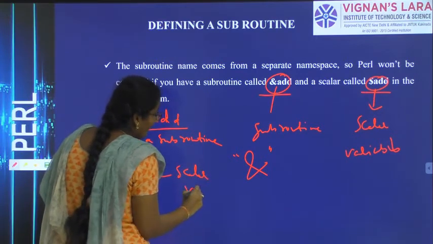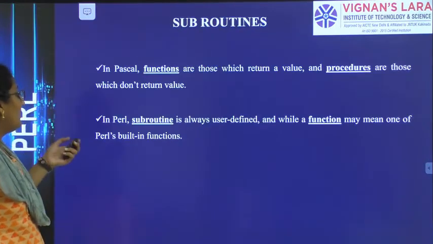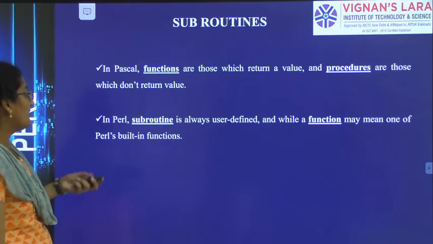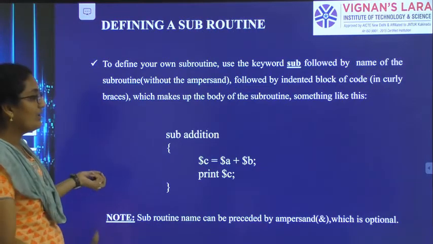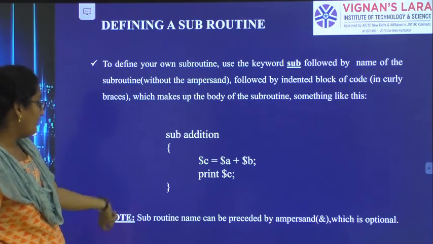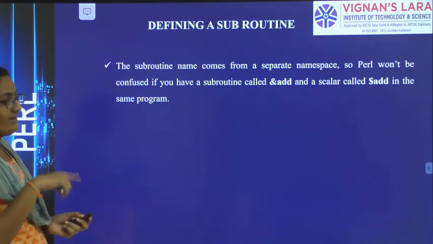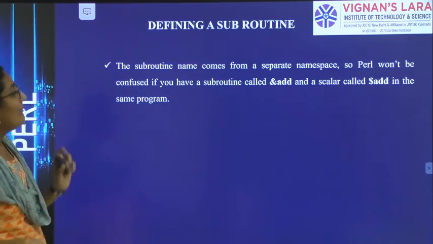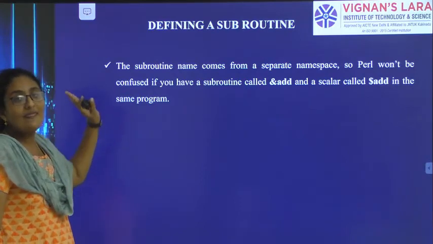We are talking about subroutines. In Perl, user defined functions are subroutines. You can define your own subroutine using the keyword sub followed by your subroutine name. If you want, you can use the ampersand symbol also.